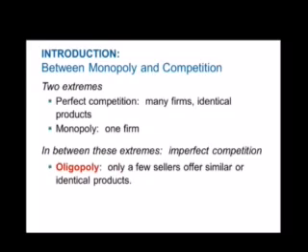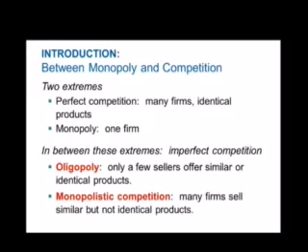One kind of market structure that we will study in the next chapter is oligopoly, which is basically very few sellers who offer similar or identical products. And the other kind is monopolistic competition, which is basically firms that sell very similar products, but they're not identical. So there's some degree of product differentiation between sellers.